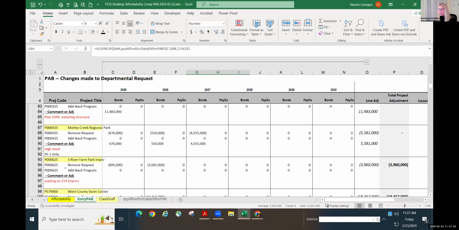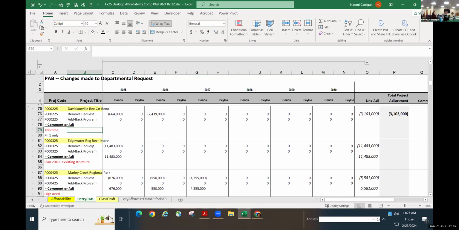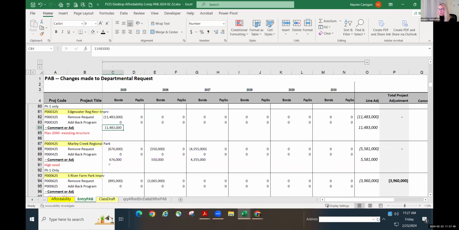Okay, moving on to recreation and parks, starting with the new. This year, Davidsonville Rec Center was removed, but it sounded like perhaps it would come back next year. Edgewater Rec improvements, you said yes to this one, so it's added back. Marley Creek Regional Park, high need, this is phase one.